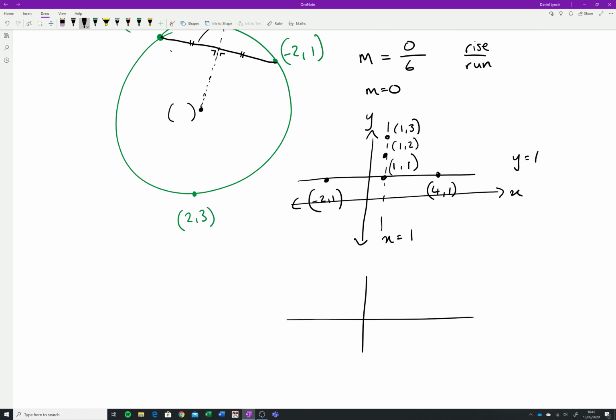If you have the x and y-axis, it might be better to use a different color here. If you have this line here, and let's say this goes through the point 3, 0. Okay, this is going to be 3, 1, etc. This is everywhere where the x value will be 3.